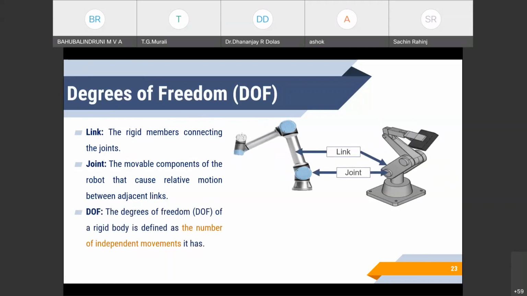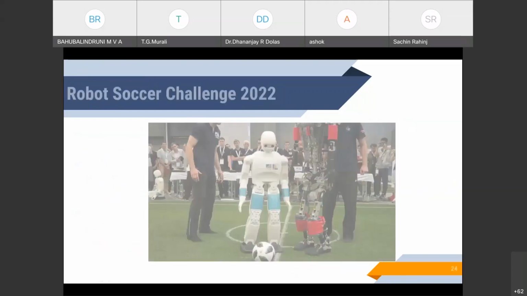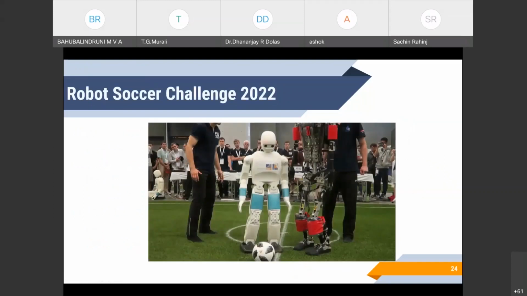Based on the number of joints, we define the degrees of freedom of a robot, which is nothing but the number of independent movements the robot can exhibit in three-dimensional space. The more degrees of freedom a robot has, the more flexible it is in doing a specific task. Here you can see the Robot Soccer Challenge for 2022.